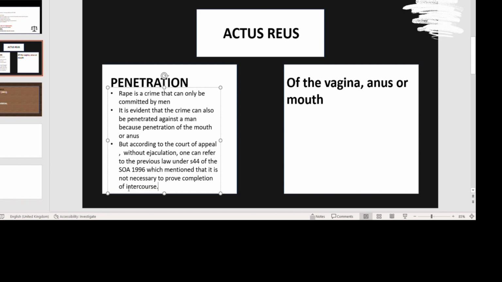But that section tells us that it is not necessary to prove completion of intercourse for it to be considered rape.